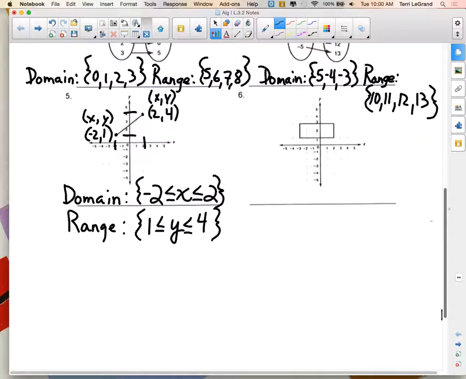Okay, you got it. Now do number 6. All yours. So, again, you have to list it as a compound inequality when it's a continuous graph. Is this a continuous graph? Number 6. Is it continuous? Is it connected? Yeah. It's continuous.